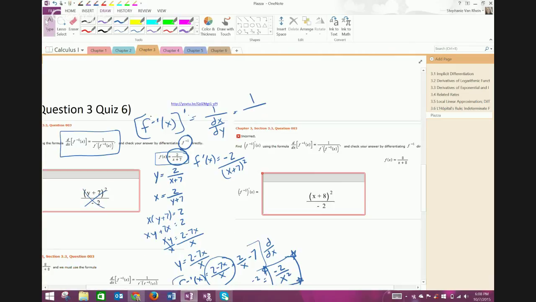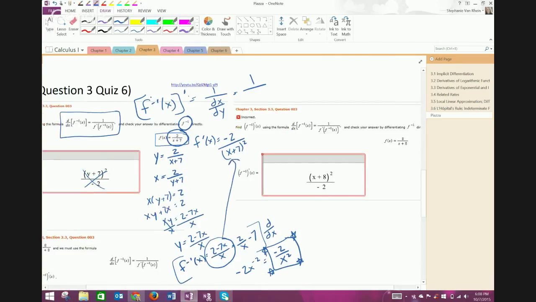So I have to know the inverse function and plug it in here. So I have minus 2 over 2 minus 7x over x plus 7 squared.